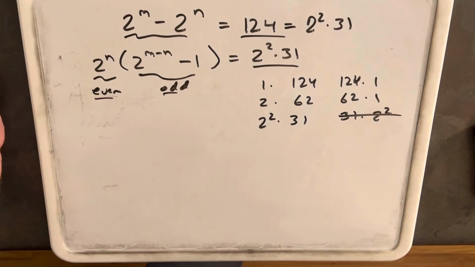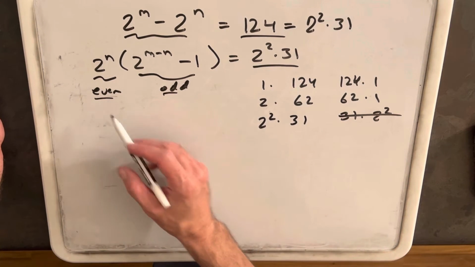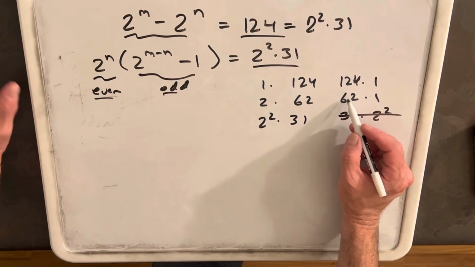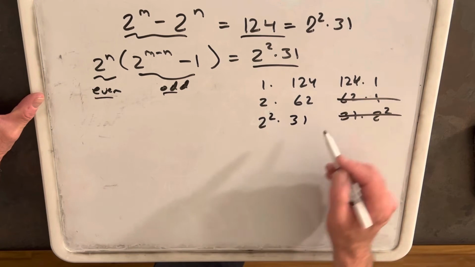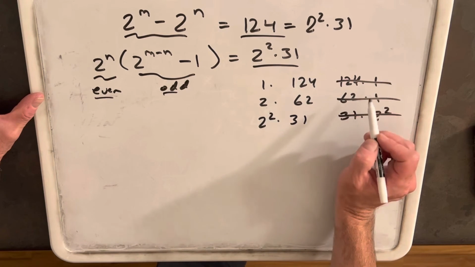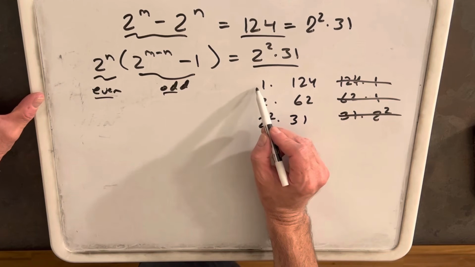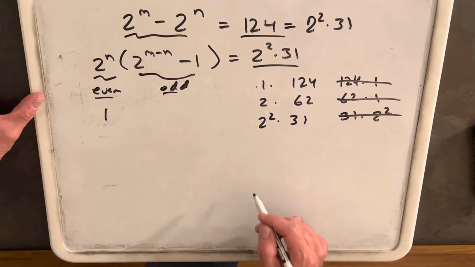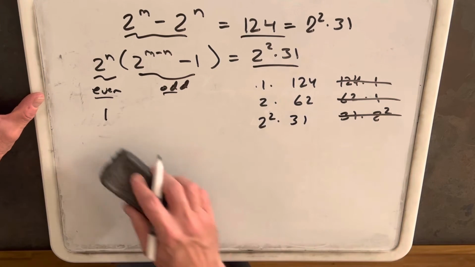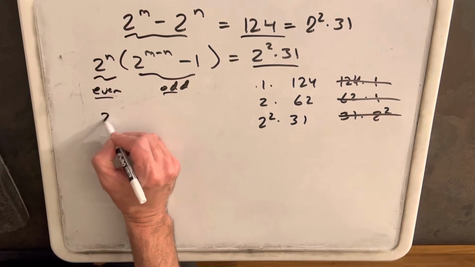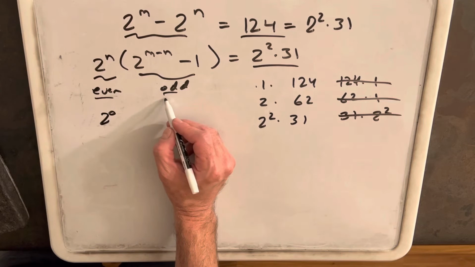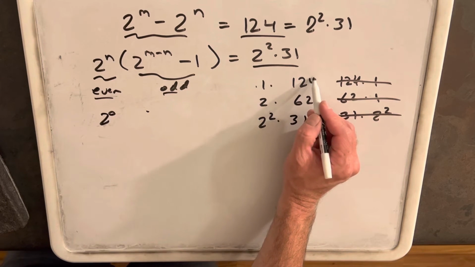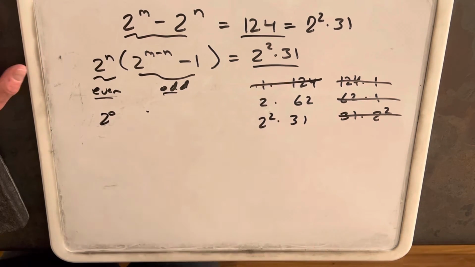I know this is kind of excessive, but I just feel like walking through all the possibilities. 62 is not a power of 2, so we can cancel that out. 124 is not a power of 2, we can cancel that out. 1, well, actually, we could have 1 there, because we could have 2 to the 0, but the second number needs to be odd, and 124 is not odd, so that's not a possibility.